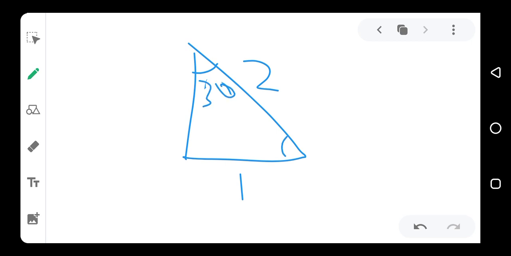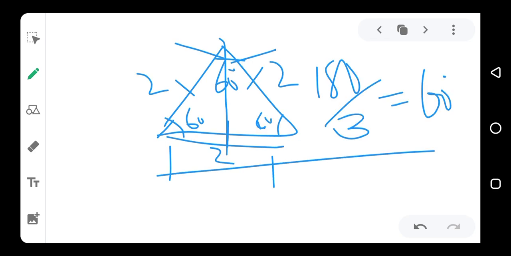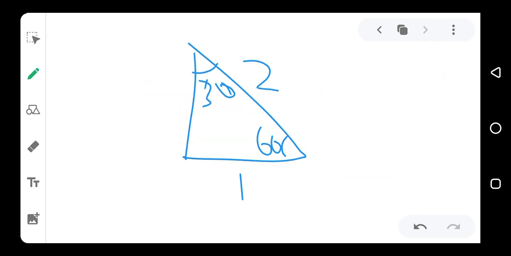This one remains 60. And if we are dividing it into equal sides, that means that this one is going to be perpendicular. That means that we are going to create angle 90 degrees here. And if we create angle 90 degrees, then it will be easy for us to get this side using the SOHCAHTOA method.